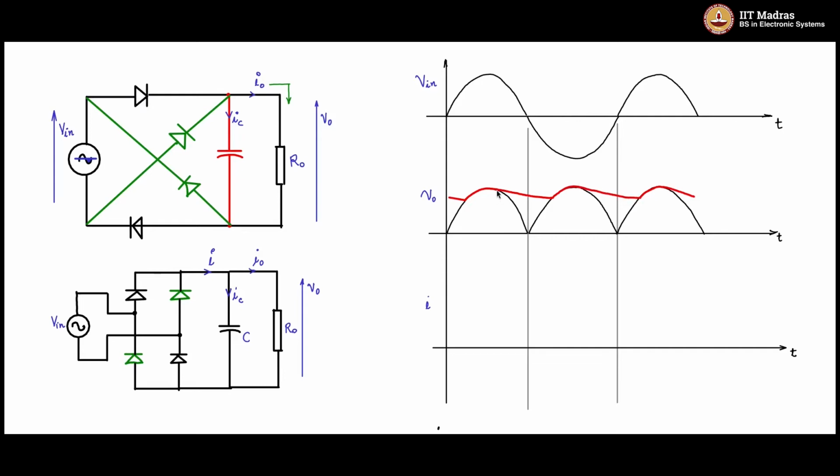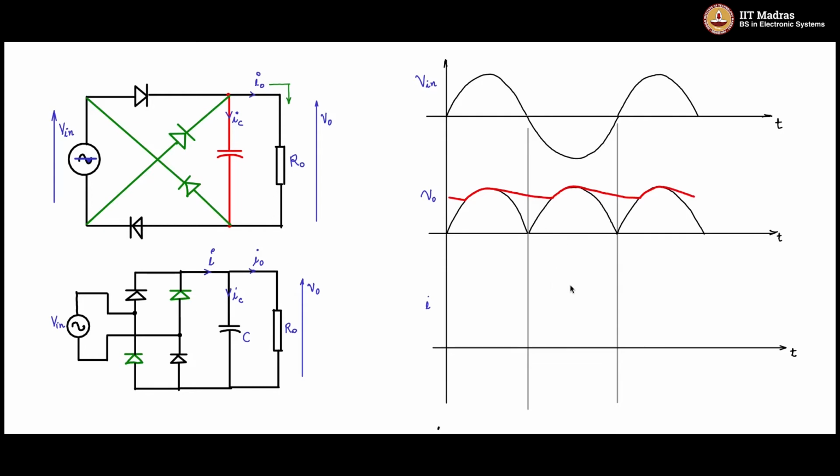In the case of the half wave rectification, the ripple frequency was the same as the input frequency, but now I have one more extra half sine wave coming in here, so the ripple frequency is doubled, and as a consequence we have advantages.